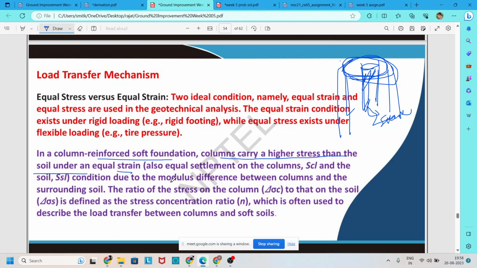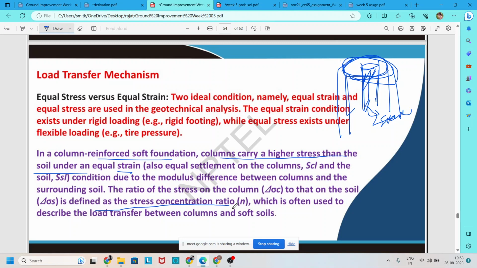because of the modulus of elasticity. That means the column has a higher modulus of elasticity than the surrounding soil, so it can take higher stress than the surrounding soil. So a new term is created by that: stress concentration ratio.